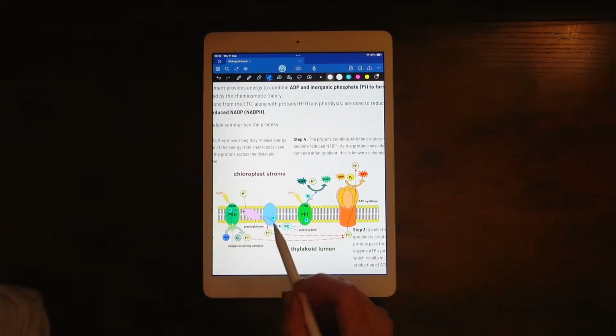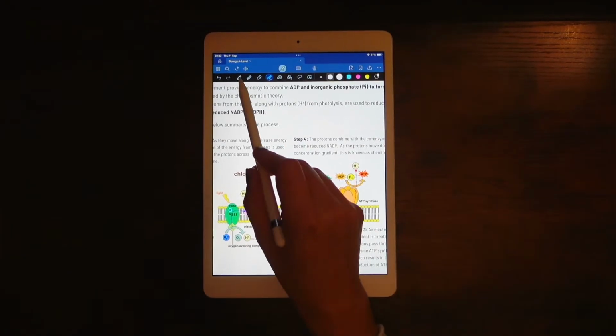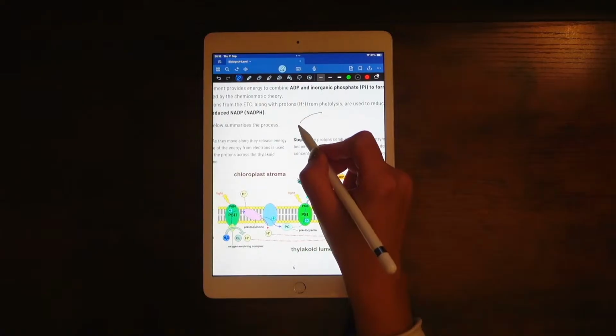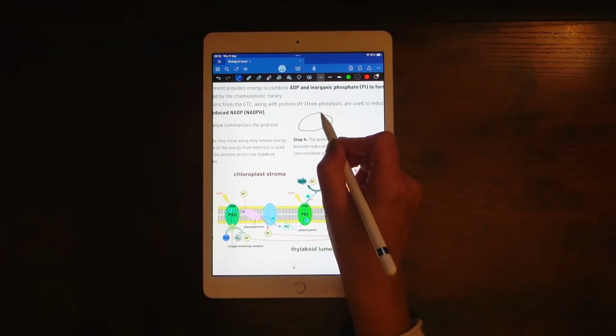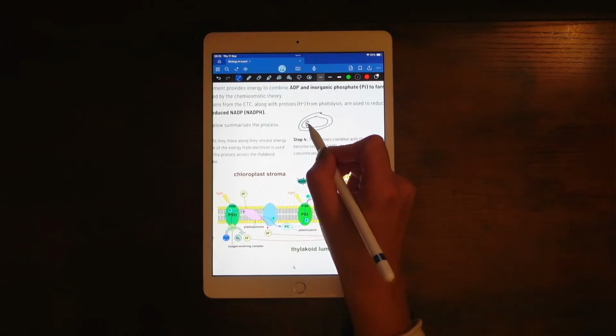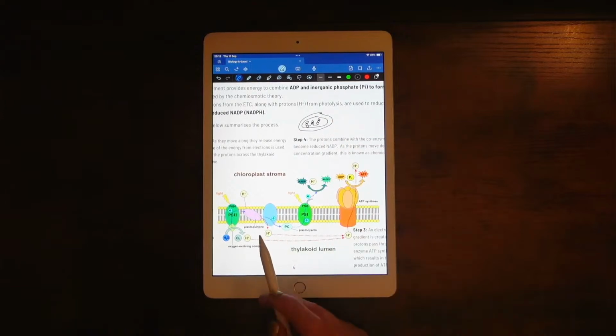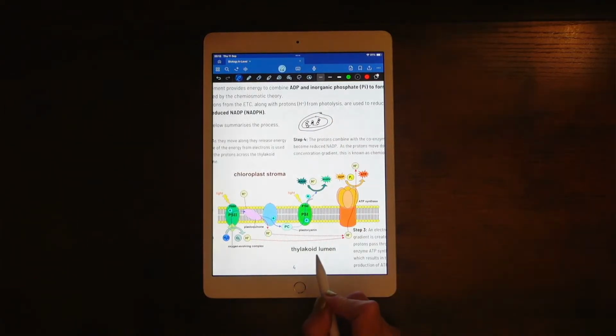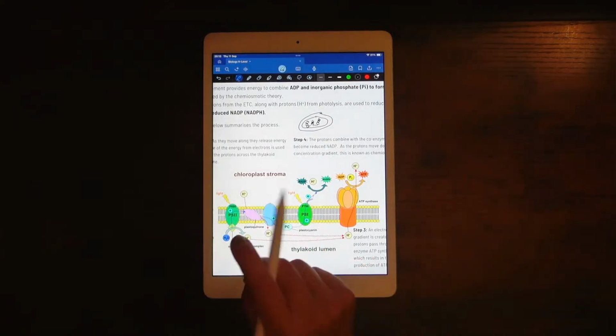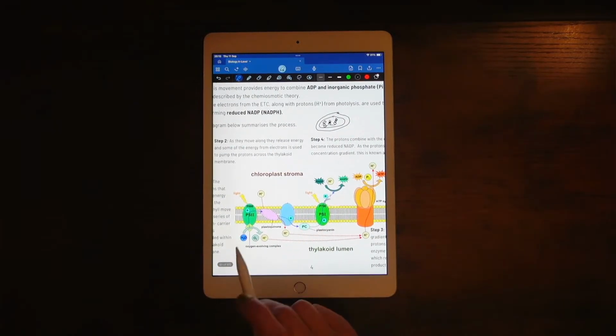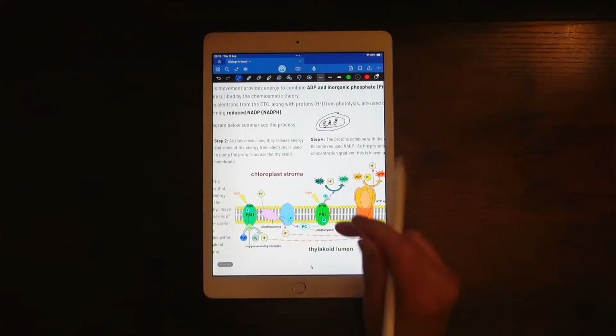But what we have is, in terms of the chloroplast, let me just sketch it up here. These are my stacks of grana. We're told that this is the thylakoid lumen. That's the chloroplast stroma. And I don't think it's labelled, but this is the thylakoid membrane.